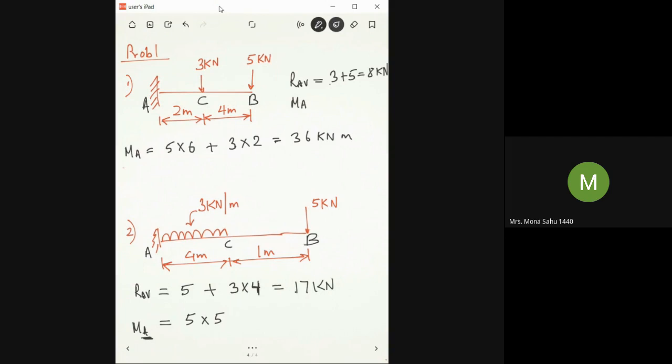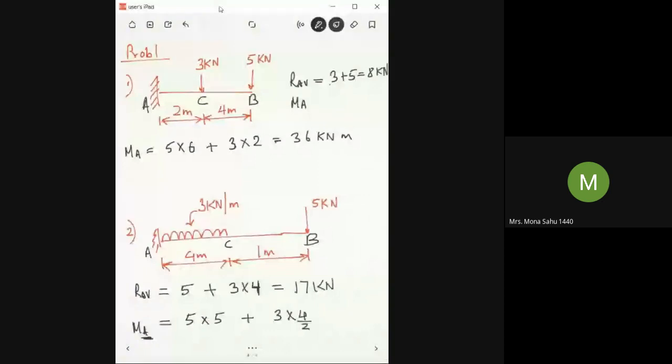We're calculating moment with respect to A. So 5 multiplied by 5 plus 3 multiplied by 4 by 2. There's something wrong I did. Can someone point it out? Is it 3 multiplied by 4 by 2?